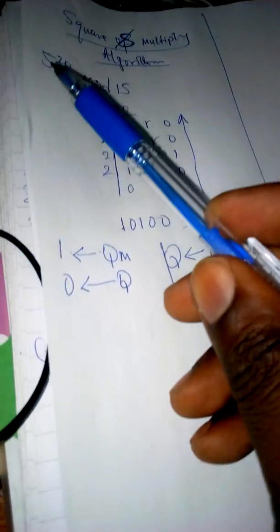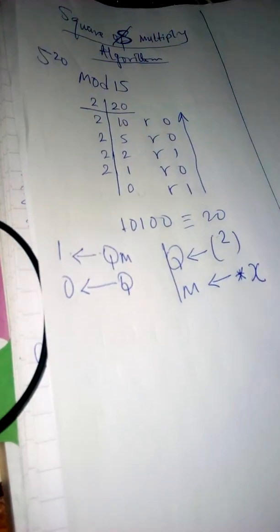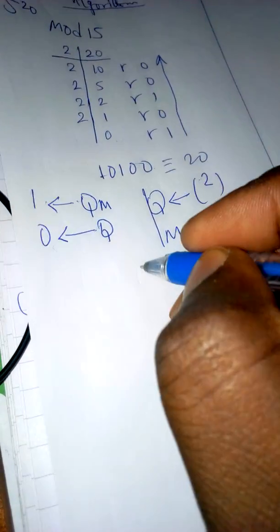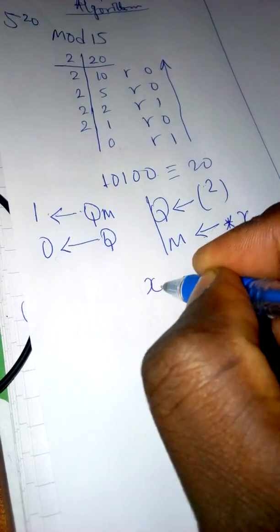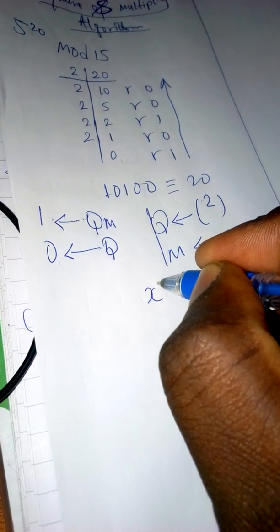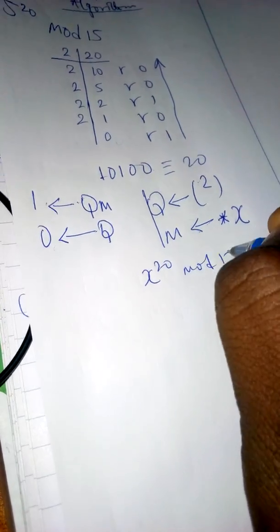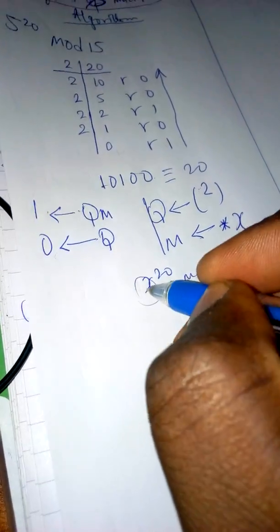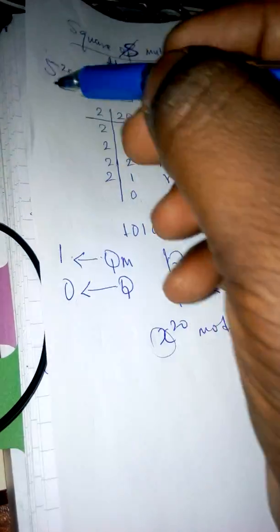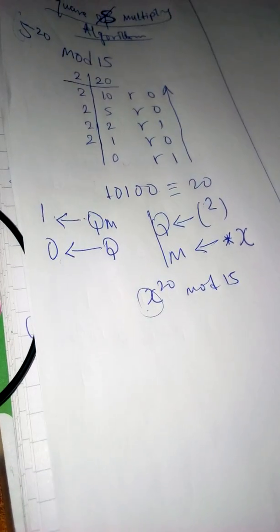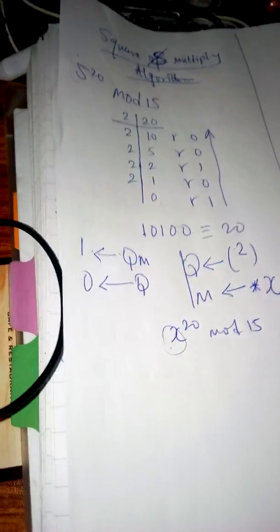In our work, 5 is our X, since here we have X to the power of 20 mod 15. So in this case, 5 is our X. Please take note of that.